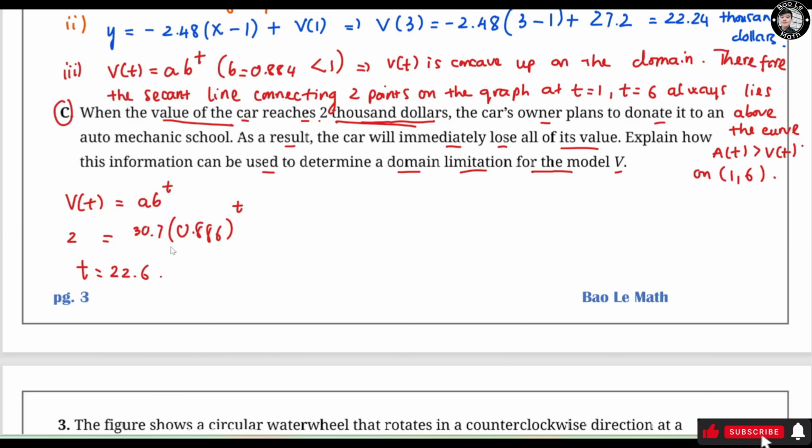You know that the model V is no longer applicable for any time t greater than the donation time, because the value immediately drops to 0, creating a jump discontinuity that the continuous exponential model V of t cannot represent. So t must be greater than or equal to 0 and less than 22.6.